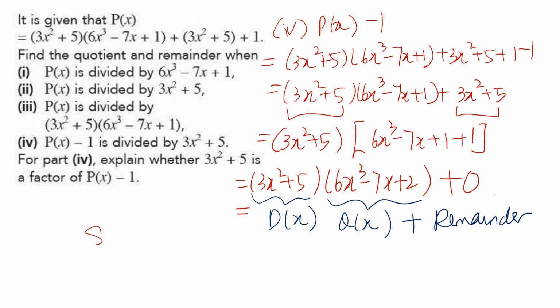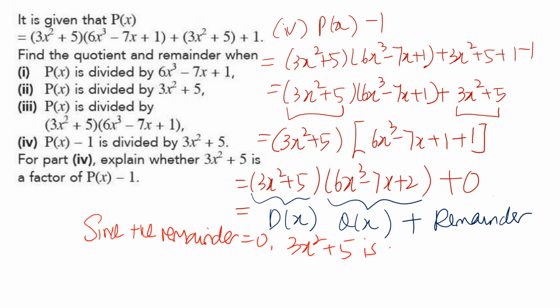So since the remainder is equals 0, 3x squared plus 5 is a factor.